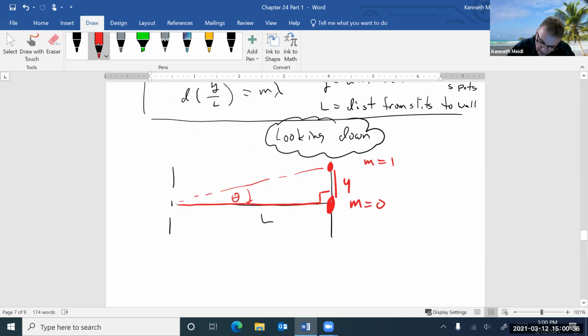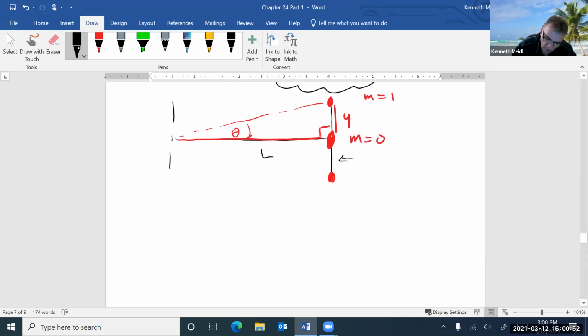And so if you have a dark spot here, so we have this dark region right here, what that means is that the wave traveling from one slit to hit that spot, so we've got our bright spots like this, the one that hits this spot and the one that hits that spot, they're off here.